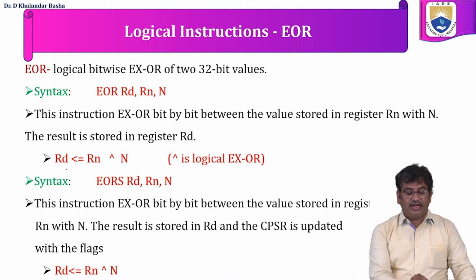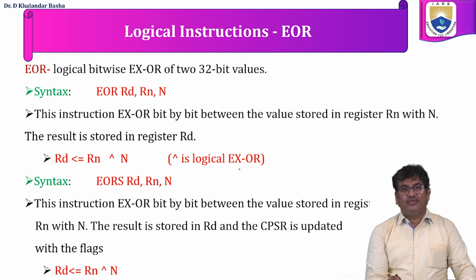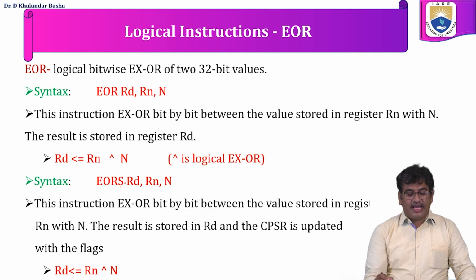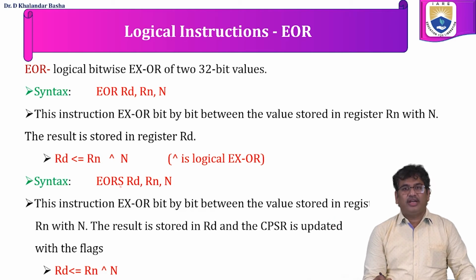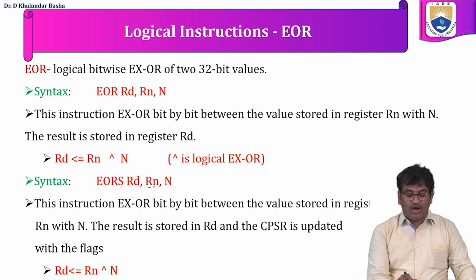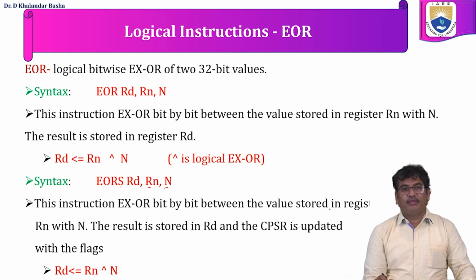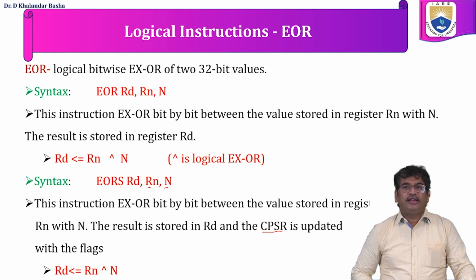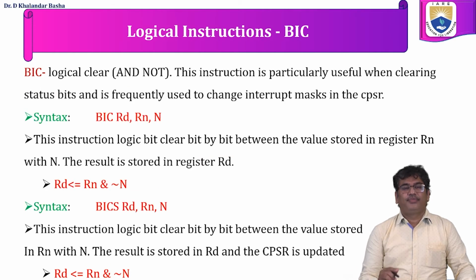The functionality we can write as Rd is assigned with Rn exclusive OR with N. Here, the cap indicates it is a representation of exclusive OR operation. If S is added to EOR instruction, it will also perform the exclusive OR between Rn and N. Based upon the result, it will update the CPSR register also, apart from moving the result into Rd register.